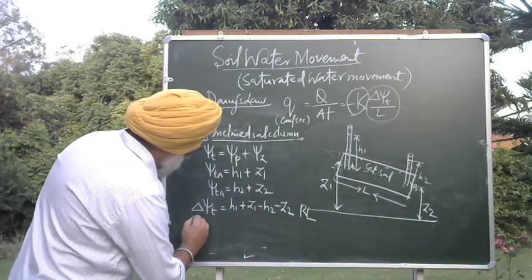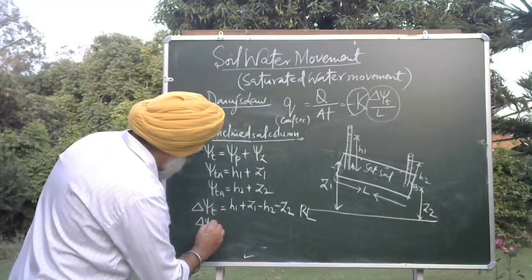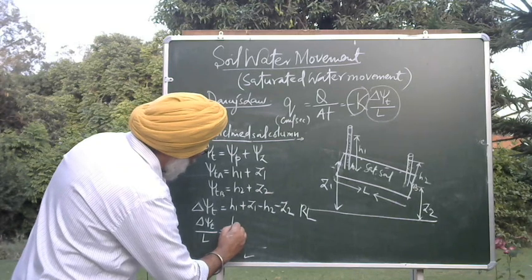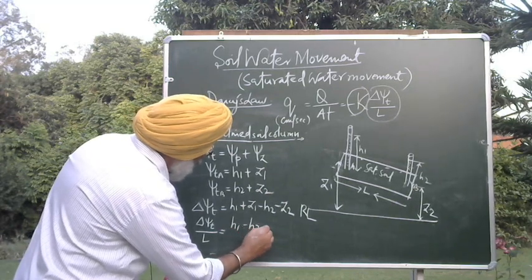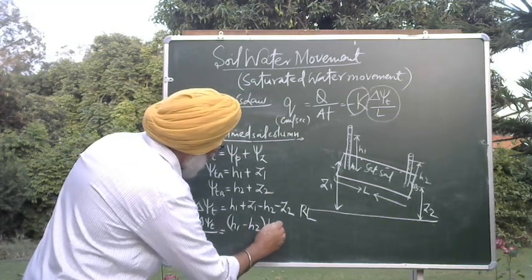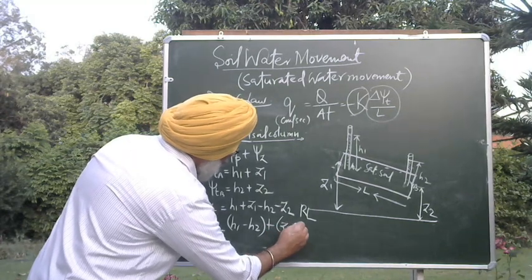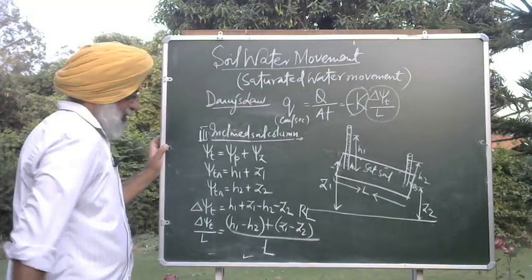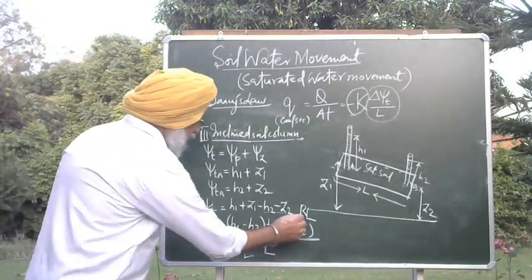So the difference in soil water potential will be H1 plus Z1 minus H2 minus Z2. And if you divide it by L to make it hydraulic gradient, this will be H1 minus H2 plus Z1 minus Z2 divided by L. So here the hydraulic gradient will be this.